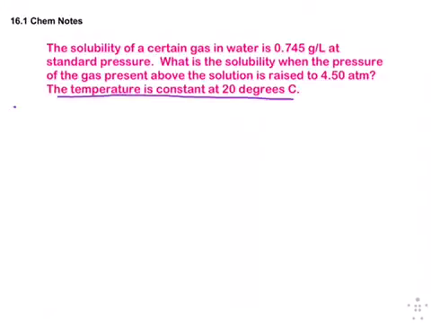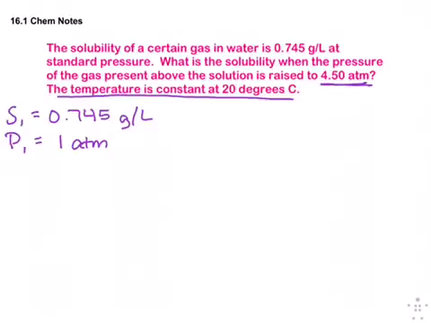So, things we know, your initial solubility is 0.745 grams per liter. Your initial pressure is at standard pressure, which is what? 1 atmosphere. Why did we go atmosphere on this one and not millimeters of mercury? Because the next one given is an atmosphere.